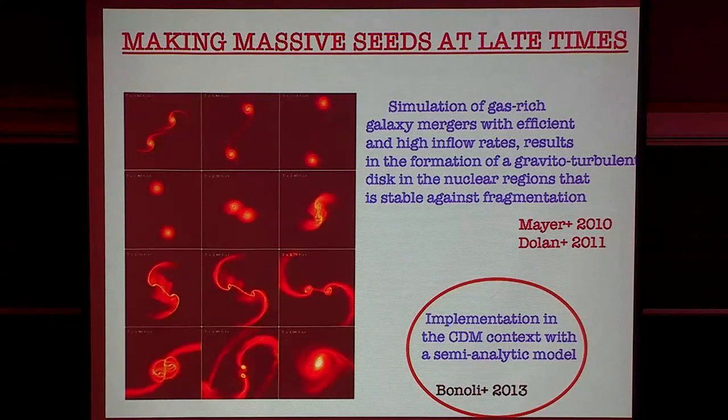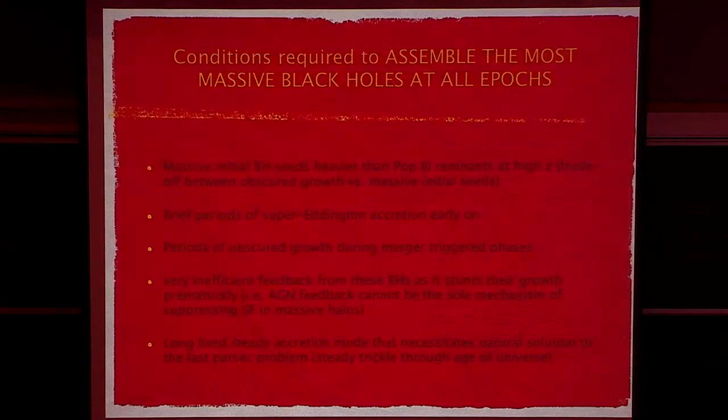During late-time mergers of gas-rich galaxies, gas is funneled to the center. And here, you're doing away with the need for unenriched gas. You can have enriched gas, and you can still pack it to the center and start making some massive seeds.